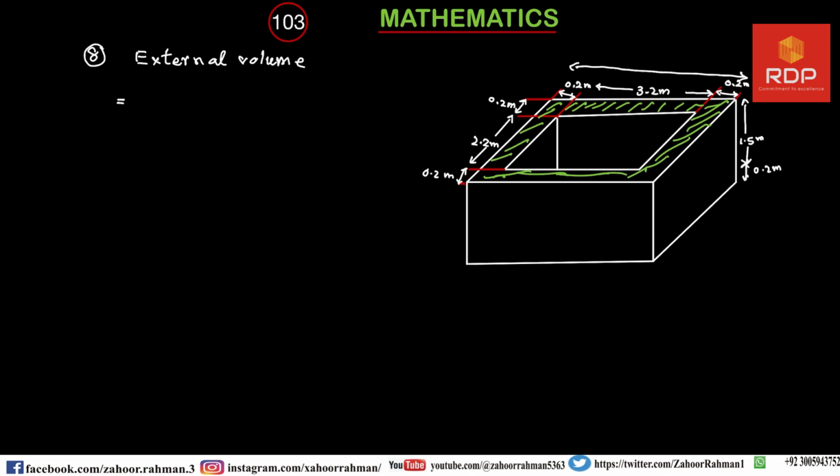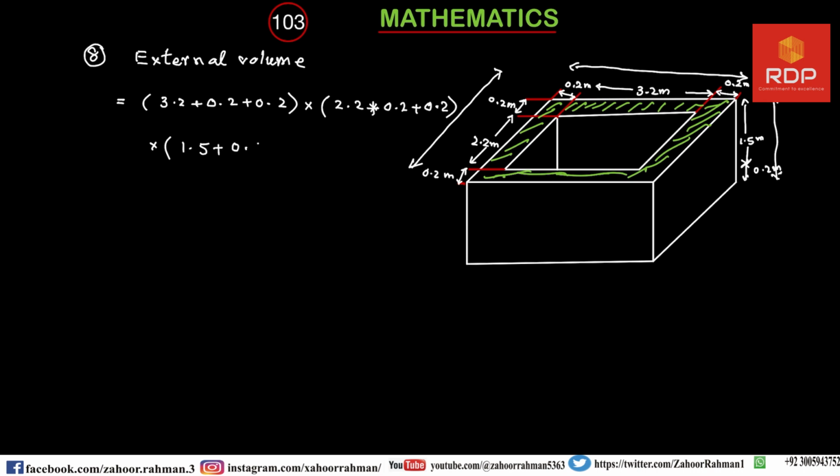Now the total dimension of this one is 3.2 plus 0.2 plus 0.2, and we multiply it by 2.2 plus 0.2 plus 0.2, and then for this one, which is also given to us, 1.5 plus 0.2.